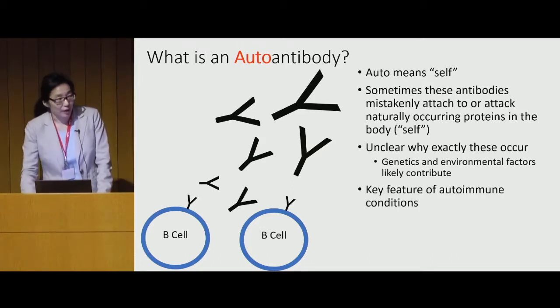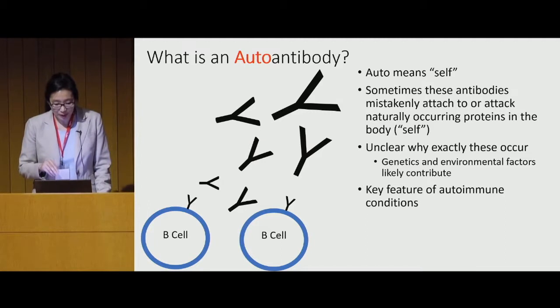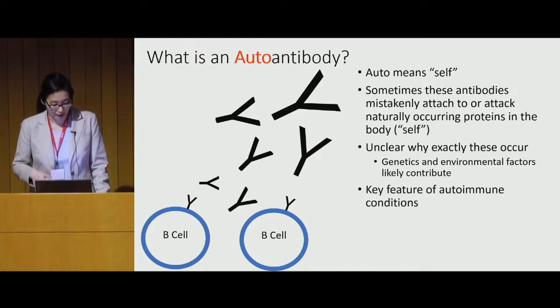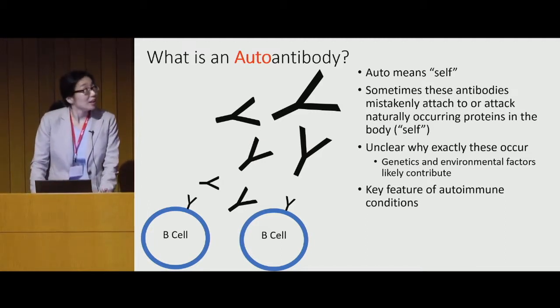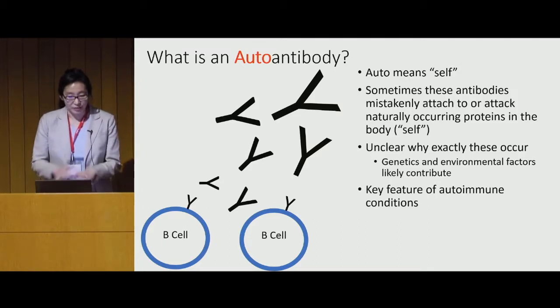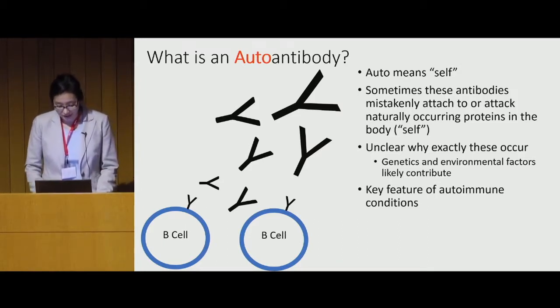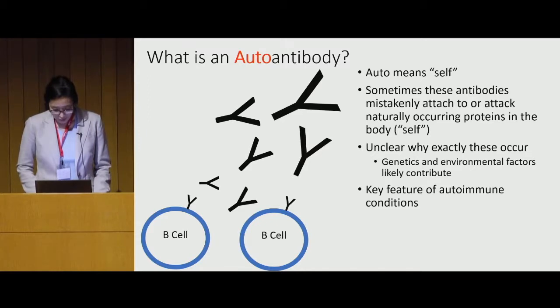But in general, this autoantibody, an antibody recognizing something that's normally in your body or normally part of yourself, is a key feature of this category of autoimmune conditions, of which juvenile myositis is one.